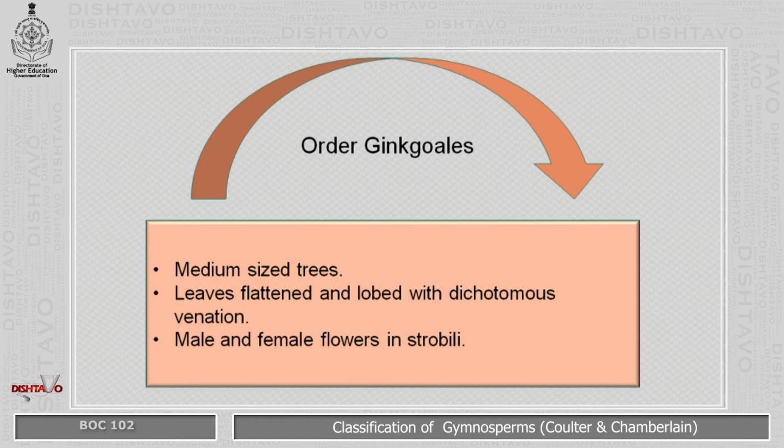The trees belonging to this order are medium-sized. The leaves are flattened and lobed, and the important thing is the lobes show dichotomous venation. The male and the female flowers are present, but in the form of strobili.